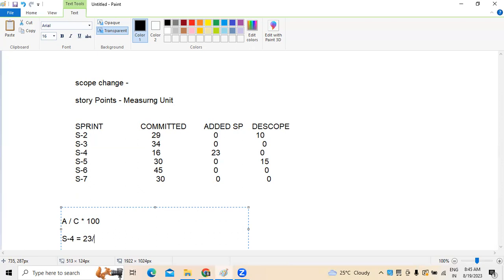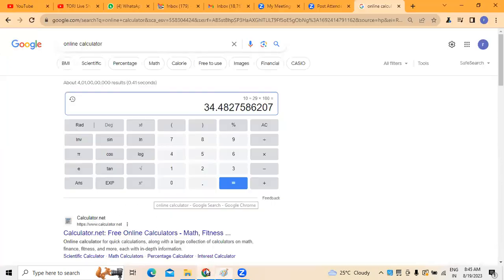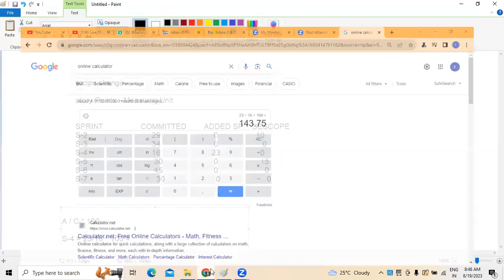Added was 23, divided by committed story points, which was 16, multiplied by 100, right? So 23 divided by 16 into 100, which will be 143.7, right?